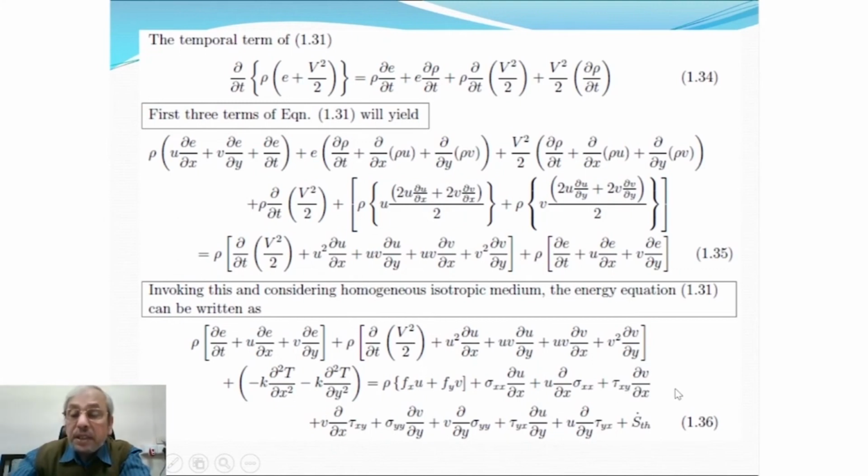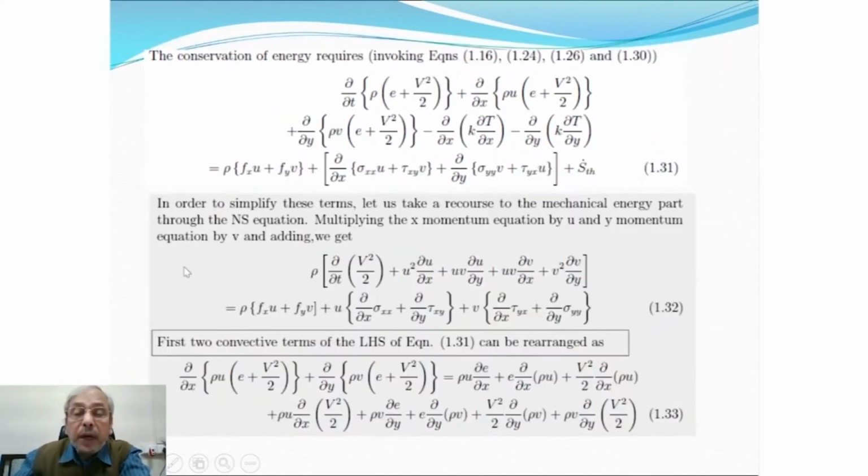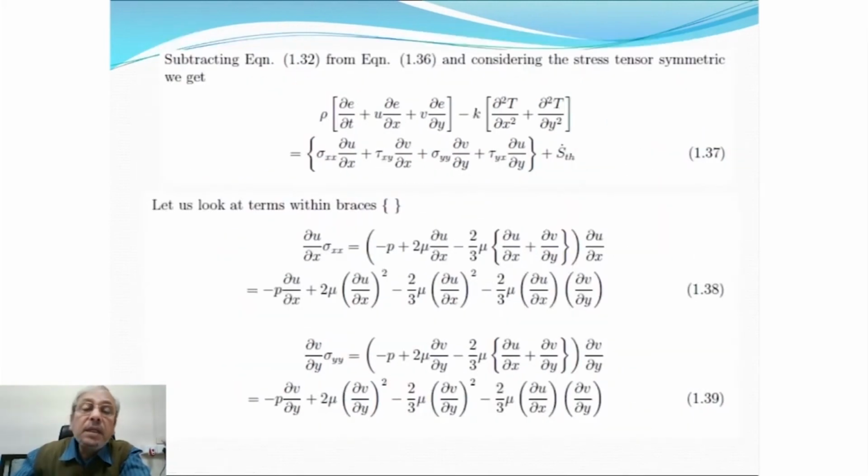So from 1.36 we are subtracting 1.32, and if we do that, we will get ρ(∂e/∂t plus u ∂e/∂x plus v ∂e/∂y). This is internal energy.